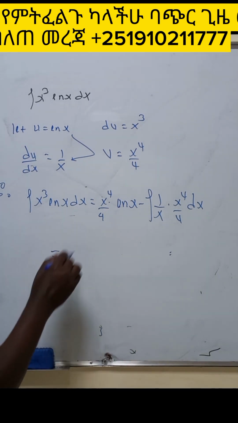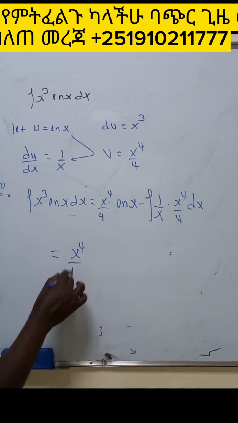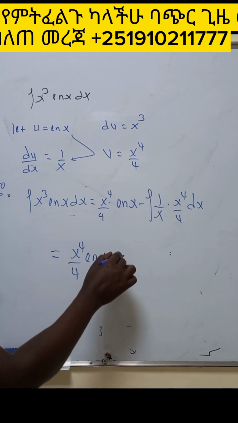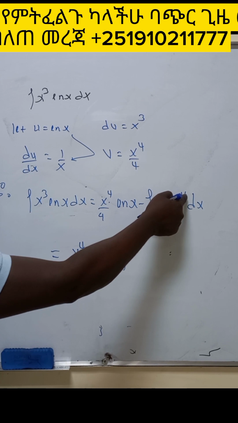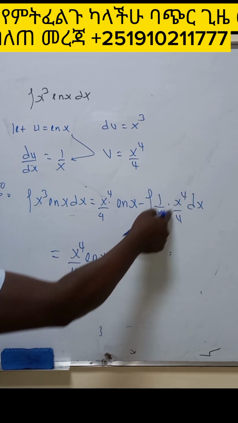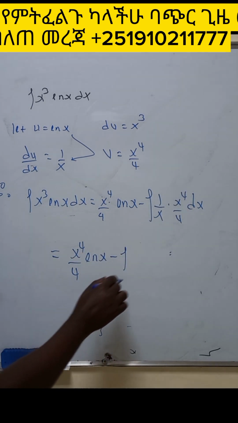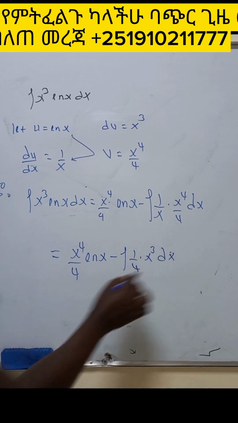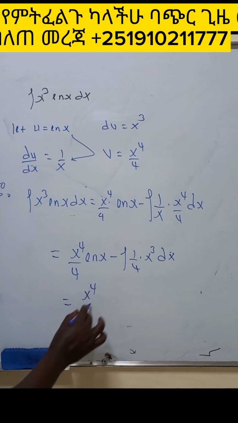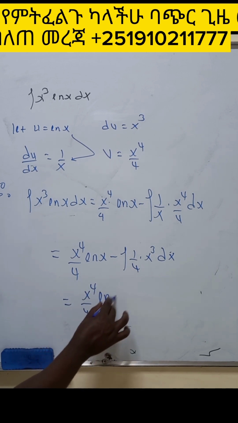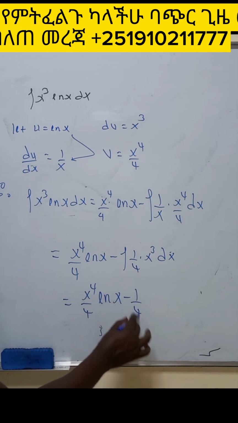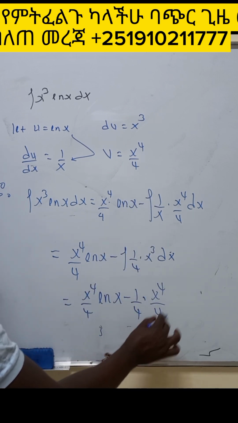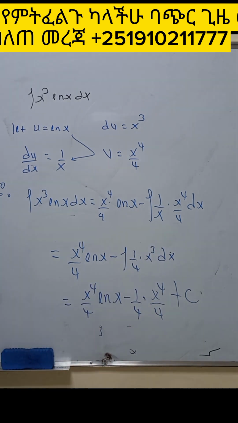Then, x raised to 4 over 4 ln of x stays as it is, minus the integral of this: one x decreases the other, so it becomes 1 over 4 times x cubed dx. So this becomes x raised to 4 over 4 ln of x minus 1 over 4 times x raised to 4 over 4 plus some arbitrary constant.